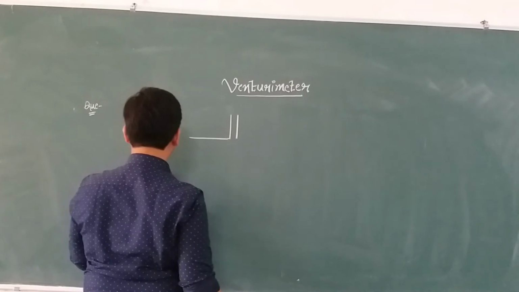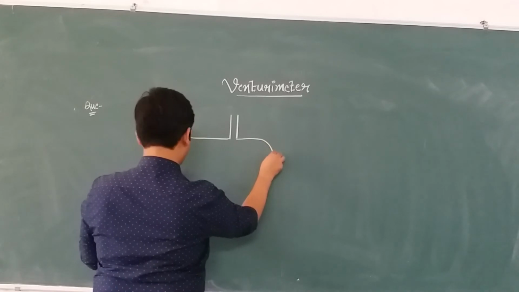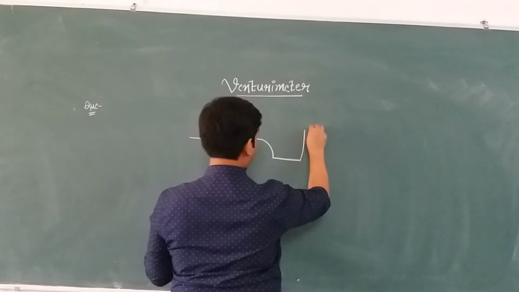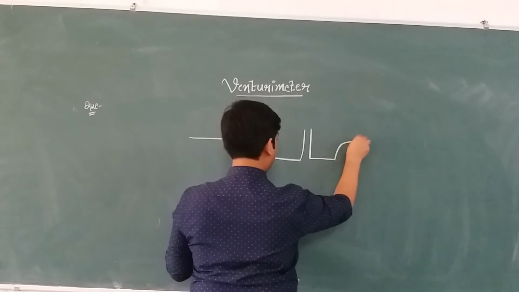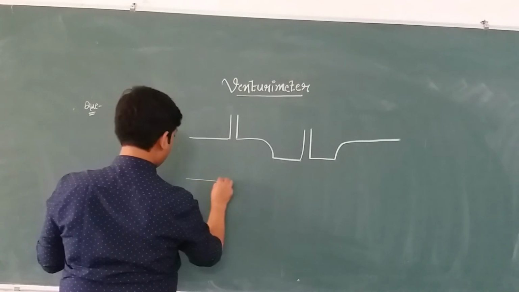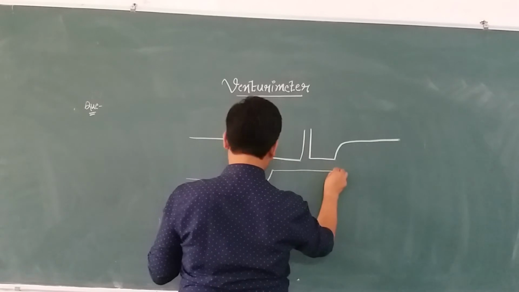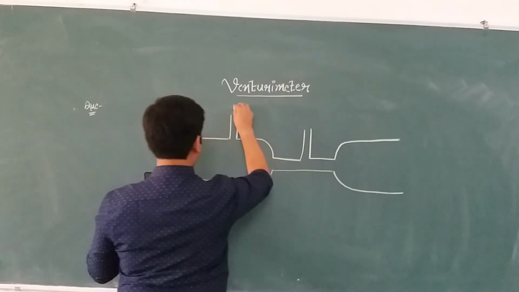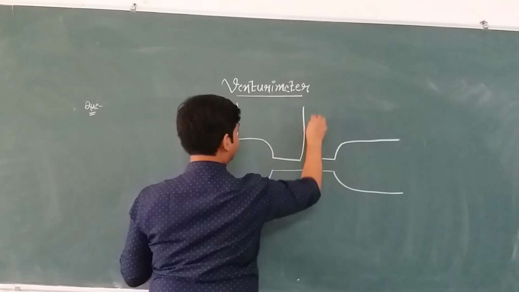The following figure shows a Venturi meter through which water is flowing. This is how the figure looks like. ठीक है? Let me complete the figure first.